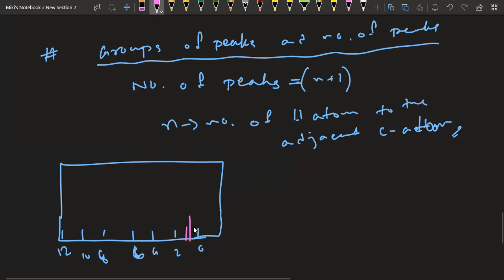Let's say one is here, another is this portion. Now, based on this scenario, you have to identify how many groups there are, how many peaks there are. Sorry, there's another one left, which is this one.